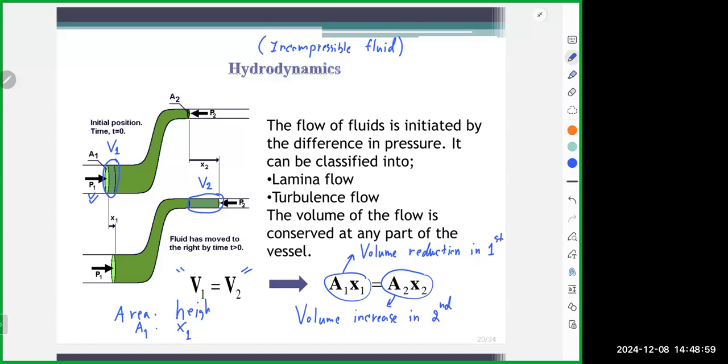The volume is reduced in one place and it will be increased in another one. That is why we have to apply the incompressible fluid.